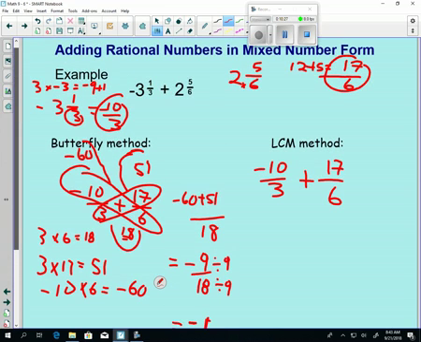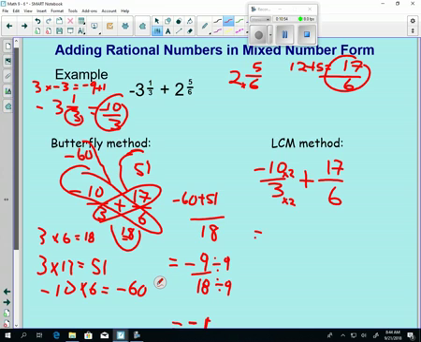Now we need to look for a common denominator. We'd say, what will it take to make 3 and 6 common? Well, 6 is common for both. We can either use 3 times 6 is 18 if we want, or we can say that 6 is common. So, to make 3 to 6, we have to multiply by 2. So if we multiply by 2 here, we have to multiply by 2 here.